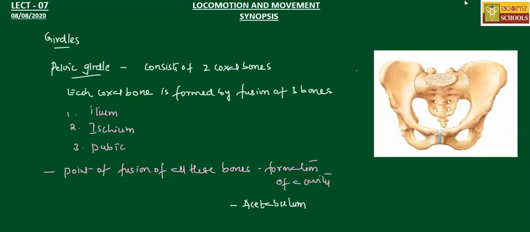So this is the picture of the pelvic girdle. I said it is composed of two coxal bones. Each coxal bone has three parts: ilium, ischium, and the pubis. So here, I will show you.